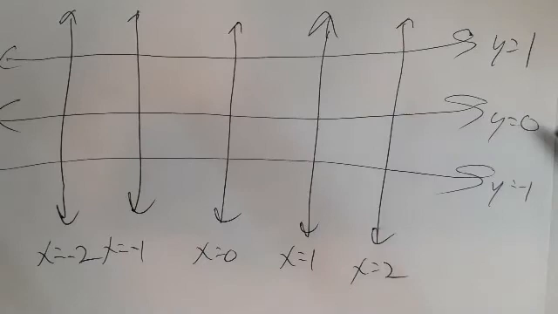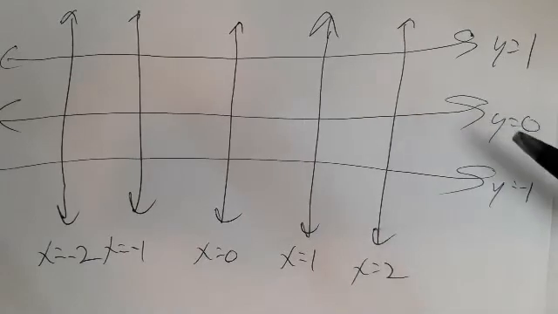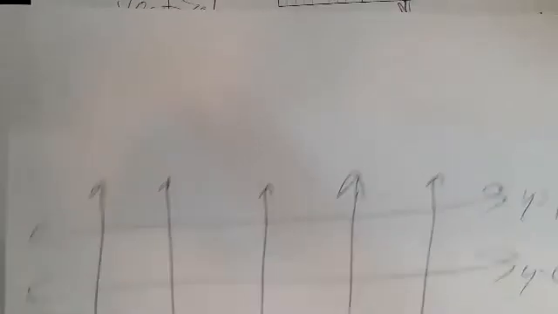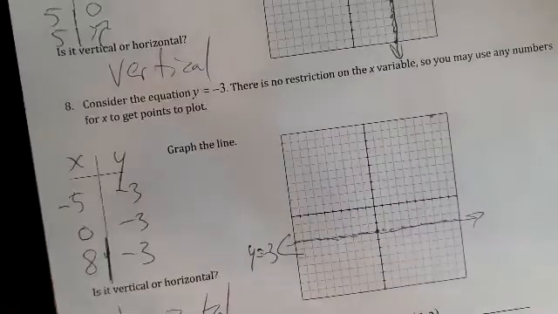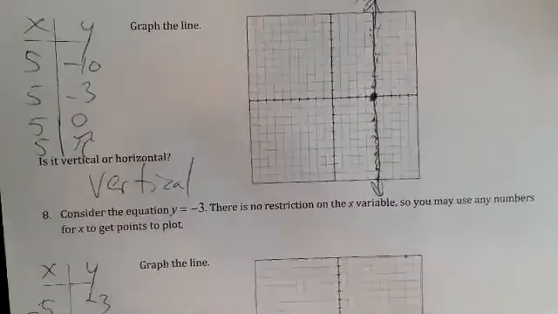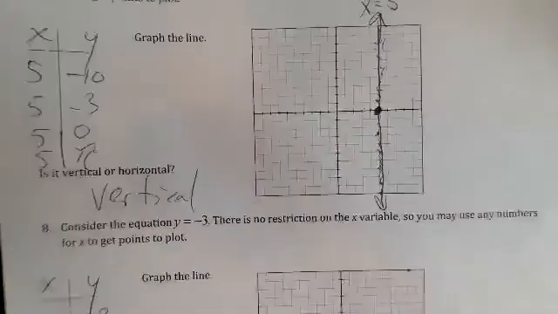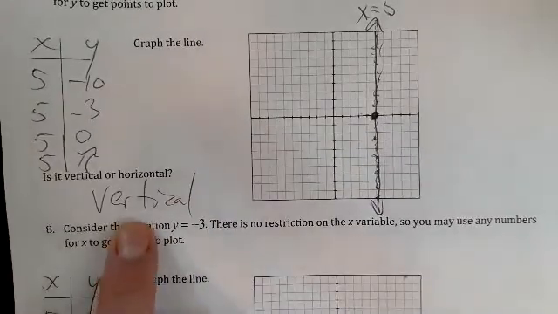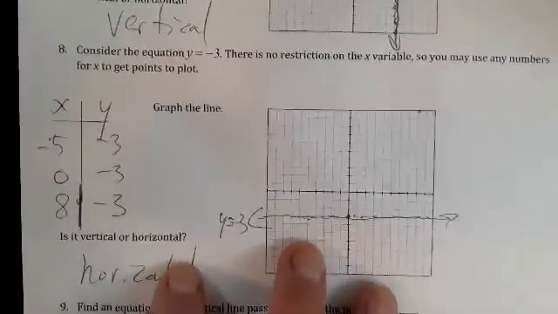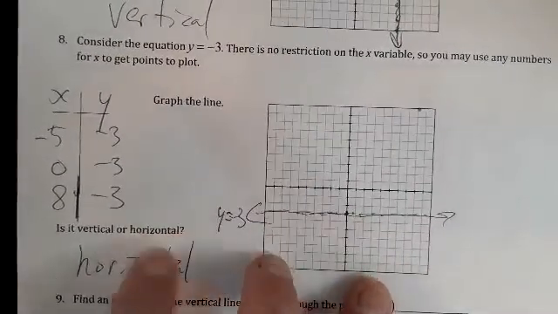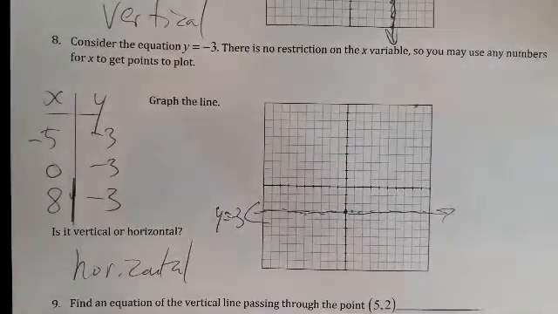And so the y values measure up and down, but the lines themselves go left to right. So going back here, our x's measure left to right, but the lines themselves are vertical, or up and down, right? The y's measure up and down, but the lines themselves are horizontal.